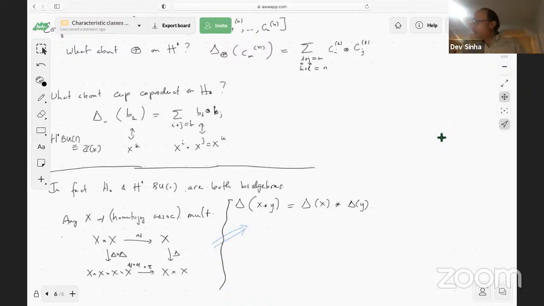So this formula will let us compute the coproduct on any product of b_j's. This gives a presentation not only of the homology as an algebra, this nice polynomial algebra, but it's got this simple-to-describe coproduct.